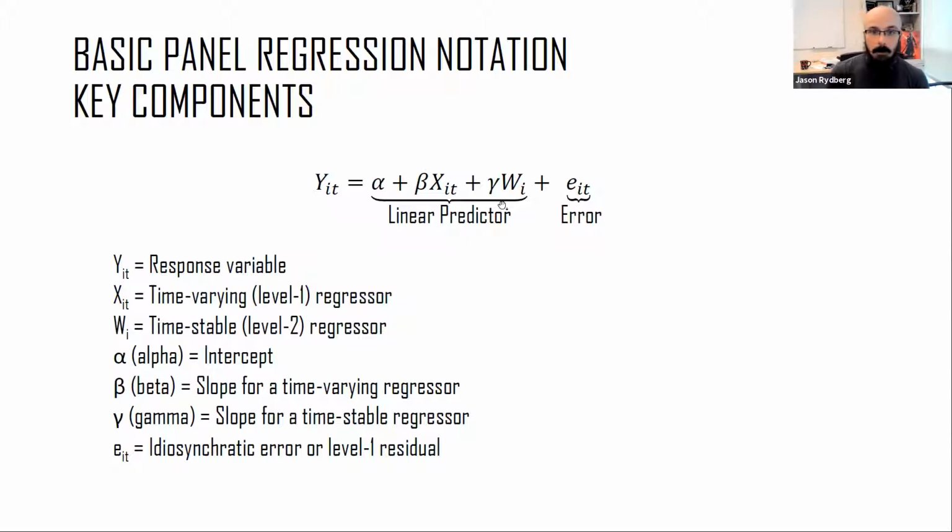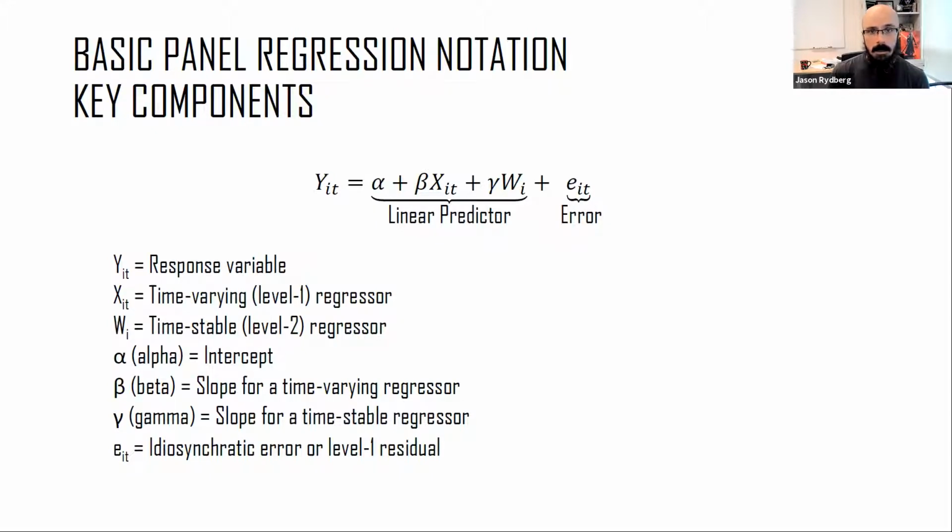And then we have our gamma parameters, which describe the slope of a time stable regressor. So this is something that does not vary over time. These do not have to be categorical. These can be numeric measures that do not vary over time. And then also we have our random error term.